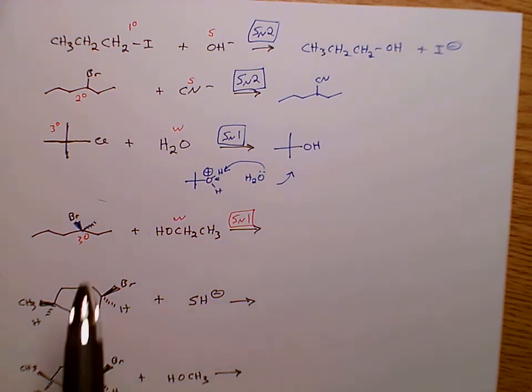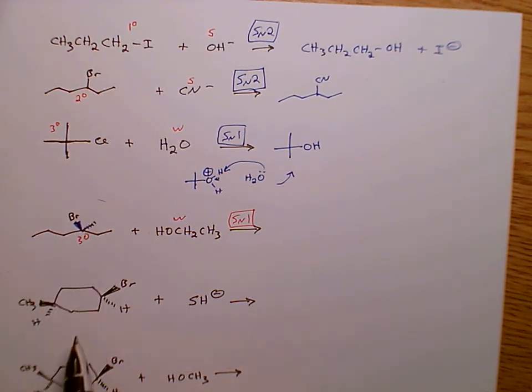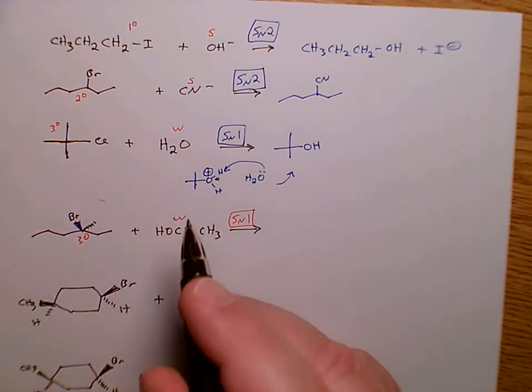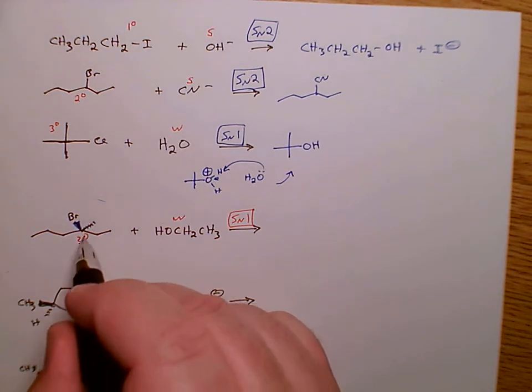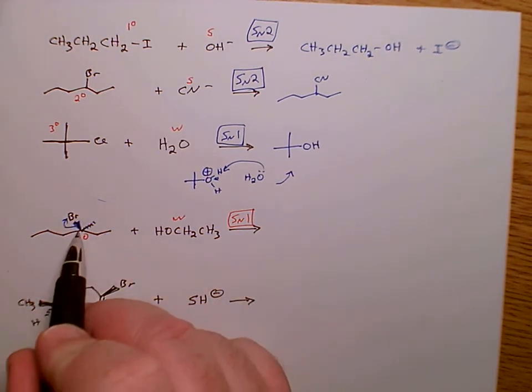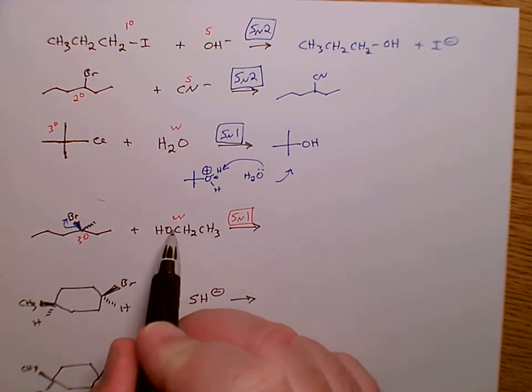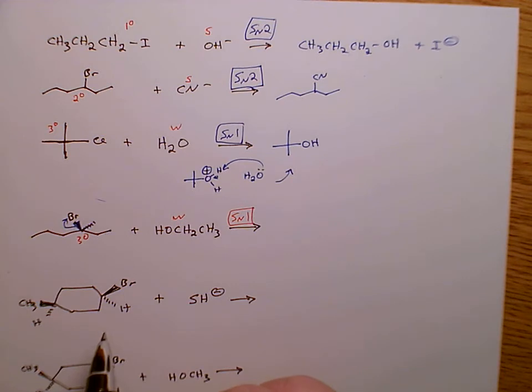So what are we going to get as our products? Okay, recall this is SN1. We've got an ethyl, a propyl, and a methyl coming off of here. We realize that the first thing that'll happen is the bromine is just going to leave, giving us a carbocation that is trigonal planar, which means this group can come in from either side.